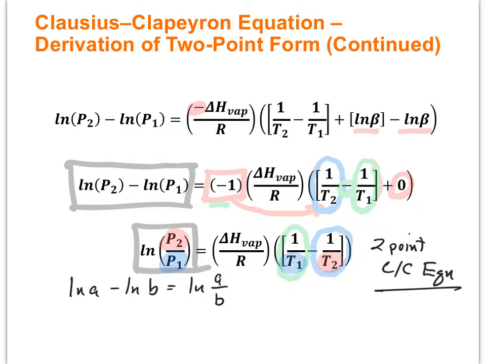Temperature 1 is first. So the pressure, the 2's are on the extremes. The 1's are in the middle. And that heat of vaporization over R is the constant between them. Okay? That might help you remember the equation.